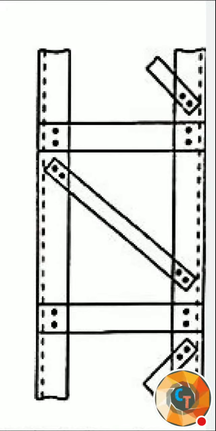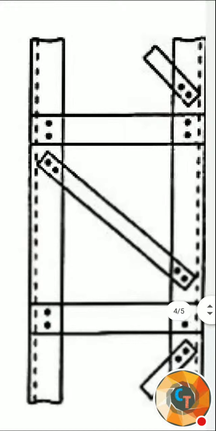It has some width, length and thickness, and at the end we have provided a diagonal bar. The diagonal bar is the lacing bar and the horizontal is the batten. We are only talking about the diagonal member, which has two bolts at the end. You need to design this lacing member as well as the number of bolts to connect it to the main members.